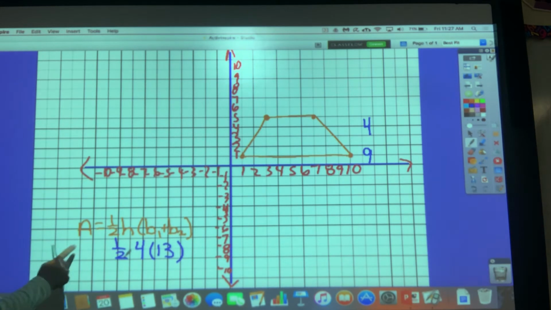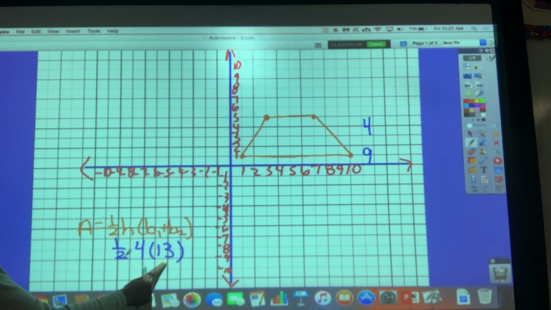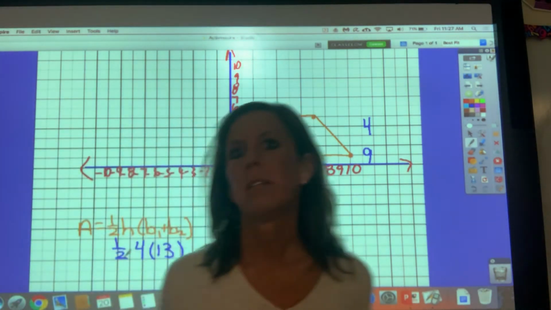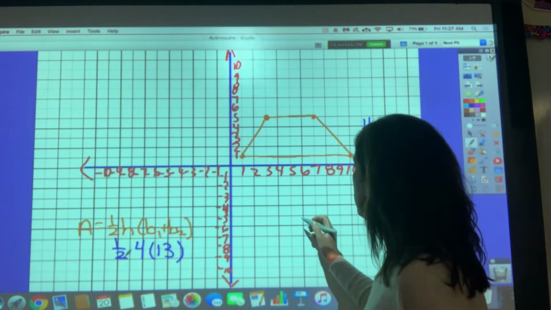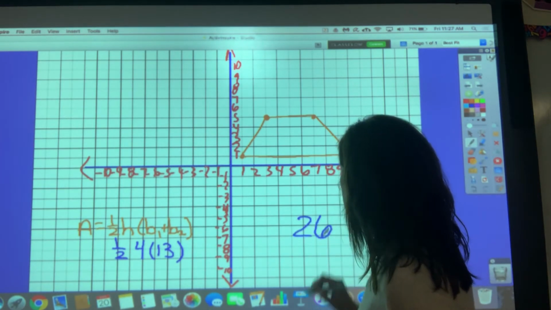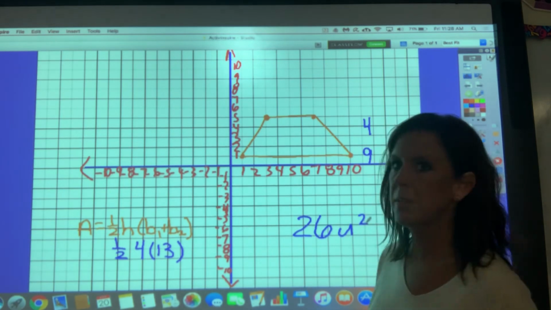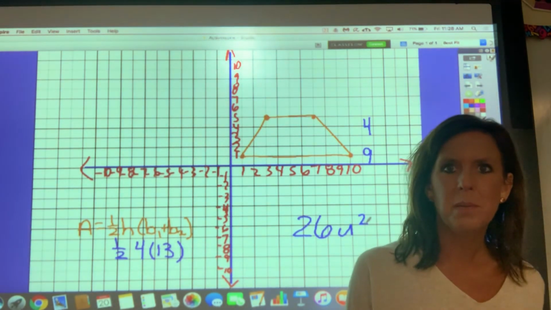The area of this trapezoid is half times the height times the addition of the two bases. The fastest thing to do here, since half of 4 is 2, is to take 2 and multiply it by 13. 2 times 13 is 26. Since it's on the graph, it's 26 units squared for the area of this trapezoid.